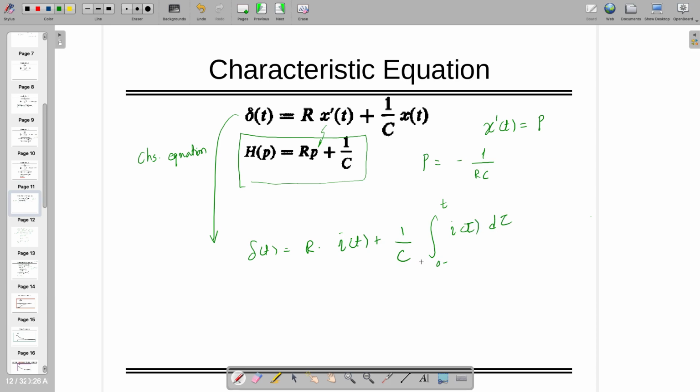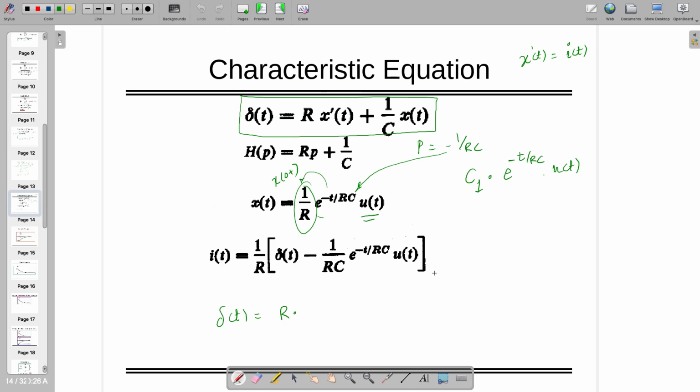So that is the time from 0 minus to t. If you keep i of t on one side, you are going to see such a thing. It's just playing with this equation. Are you following this, right?